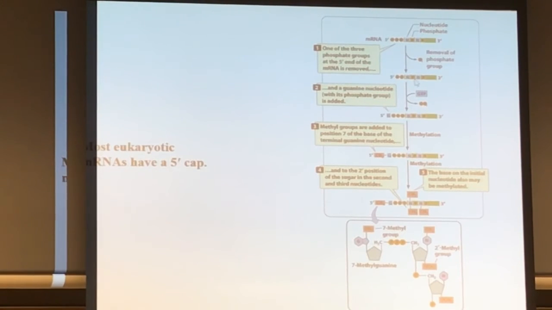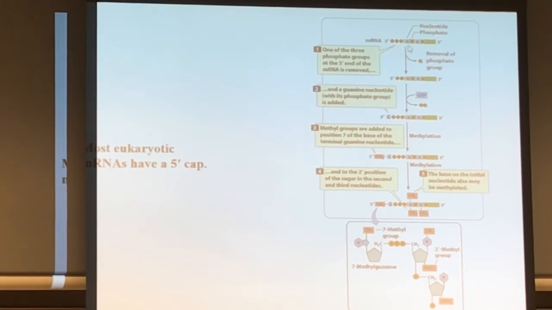Now, look at this here. This is a messenger RNA, right? At the 5' end, you have, for example, some nucleotide. This could be A, G, C, or U, any one of them. You also have a second nucleotide here. But if you look carefully where I'm pointing with the mouse, you don't see a guanine here.